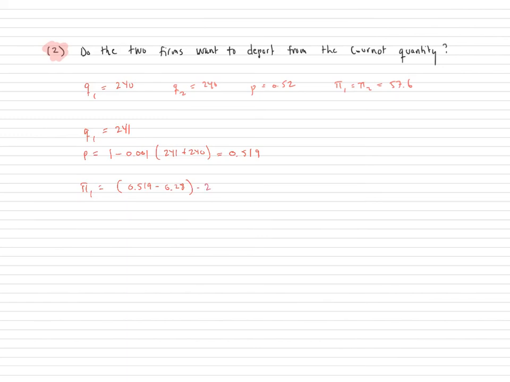So we recalculate the profit, which is price minus average cost times the quantity. If I calculate that, it becomes 57.599, which is less than 57.6. So therefore, no firm has an incentive to change what they're doing, and therefore this Cournot equilibrium will be stable.